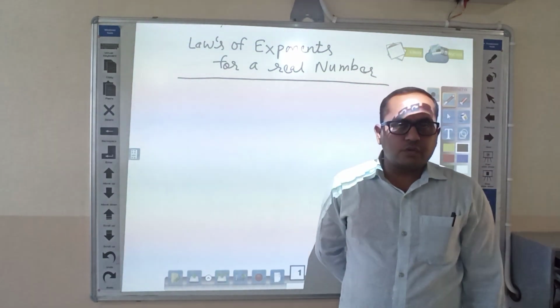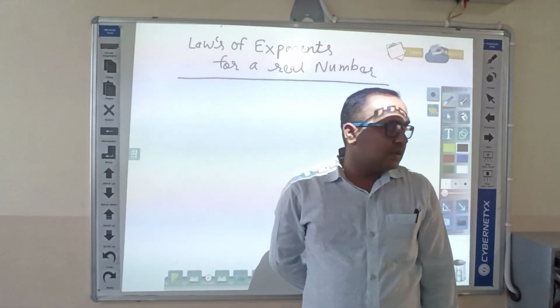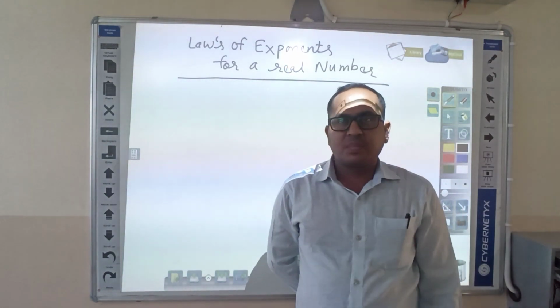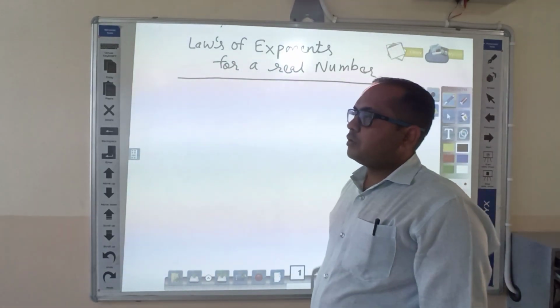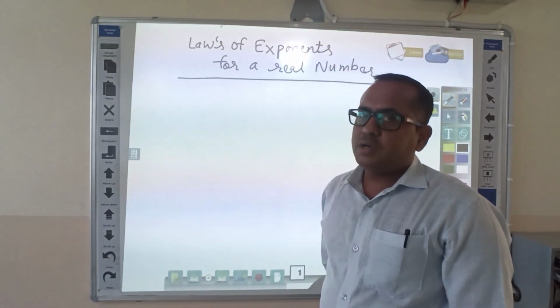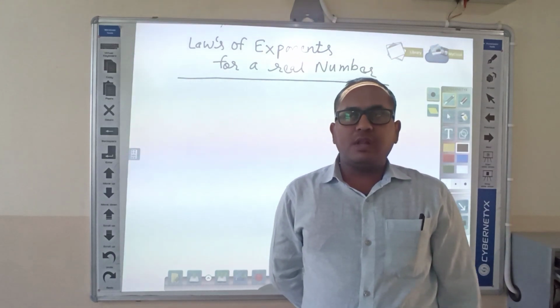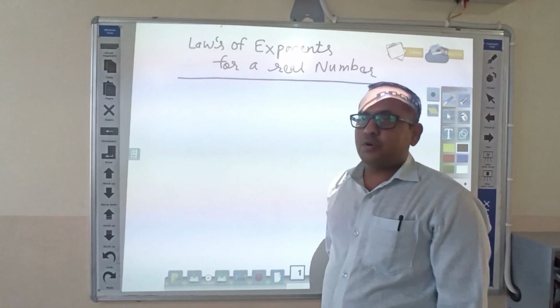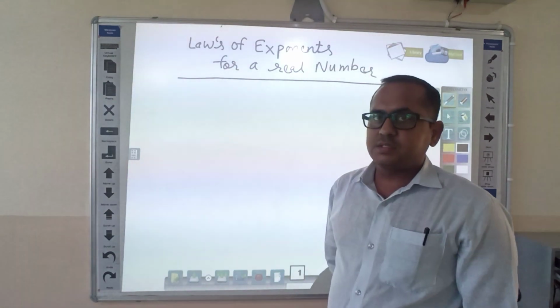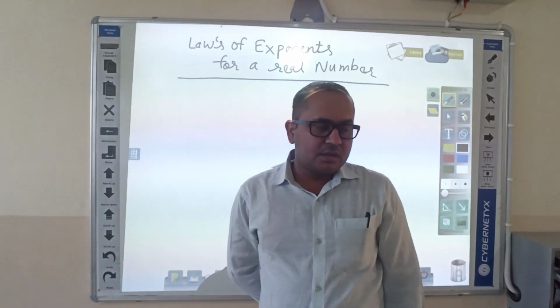Now we are going to discuss the laws of exponents for real numbers. We are all aware of the laws of exponent, but are these also applicable for real numbers? This type of topic we will discuss in this class.